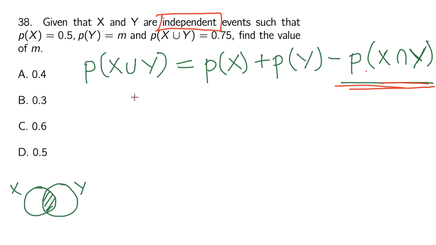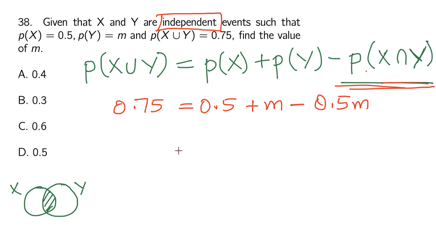So let's go ahead. The union is 0.75. The probability of x is 0.5. The probability of y is m. And the probability of x and y is the product, so we have the product of 0.5 and m.